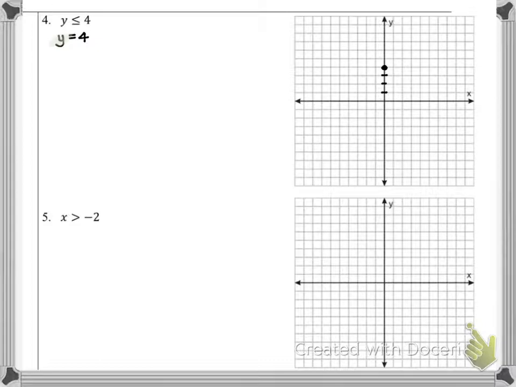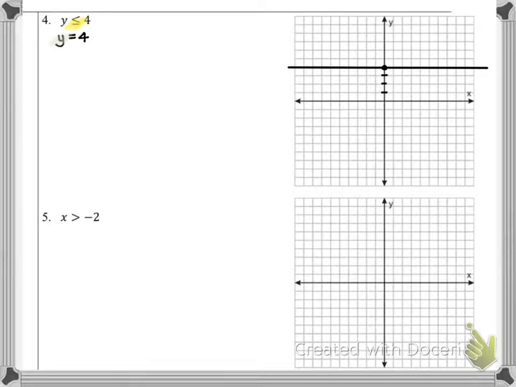So if I go back to the question, pay attention to the inequality symbol here. The inequality symbol does have an equal to part. So when I graph this, I am going to graph it without any holes in it. So I'm only hitting the y-axis.